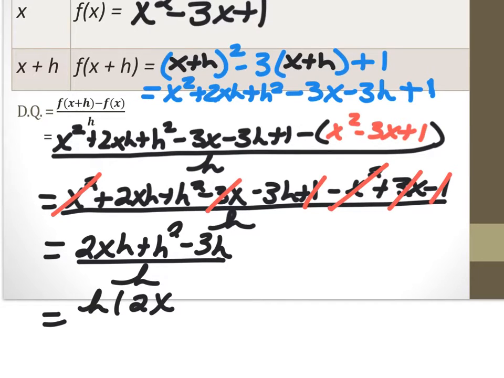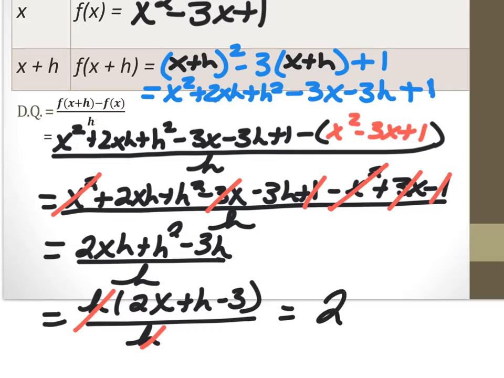What times h gives you 2xh? 2x plus h minus 3 all over h. They divide out. So what we're doing is what times h gives you this, what times h. So we're pulling out a GCF, right? So divide those out, and that gives you then your difference quotient, 2x plus h minus 3.